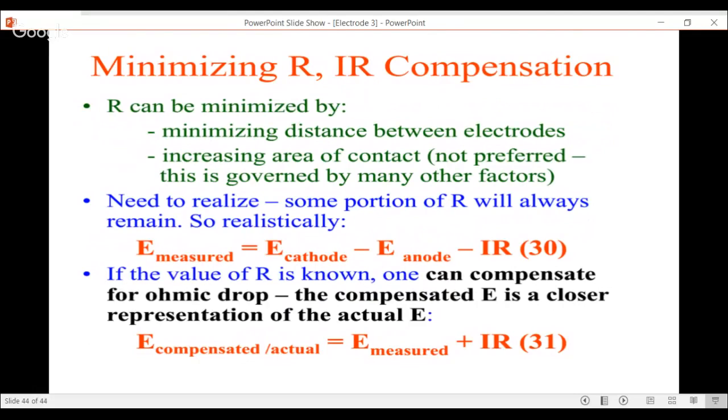E cathode and E anode are the single electrode potentials, but for a cell, E measured will be equal to E cathode minus E anode minus the IR drop. If the value of R is known, one can compensate for the ohmic drop. The compensated E is a closer representation of the actual E. E compensated, or actual E, will be equal to E measured plus IR drop. So the measured value plus the IR drop is the compensated potential of the cell.